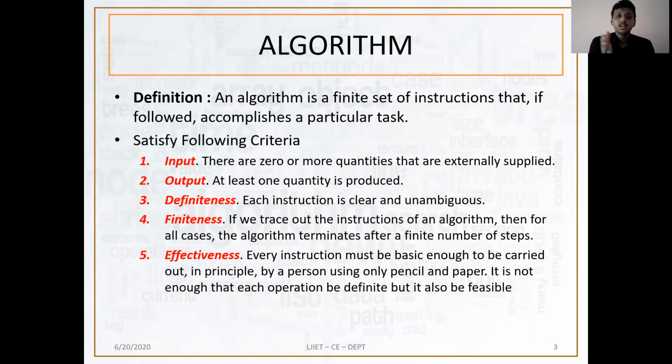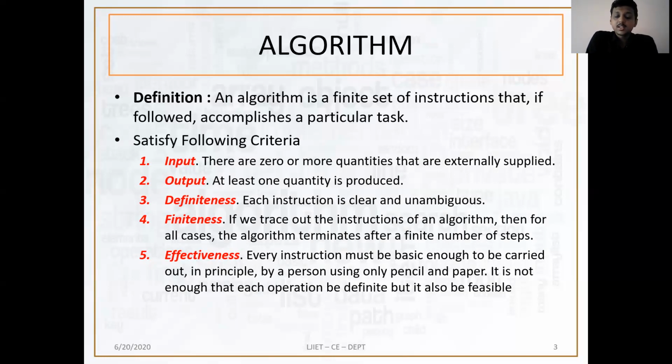If I run a for loop with i equal to 0, i less than n, i plus plus, and I never define n, and the computer takes a garbage value or an infinitely large number, then the loop keeps executing continuously. So each and every algorithm, if we trace it, should terminate in a specific amount of time.